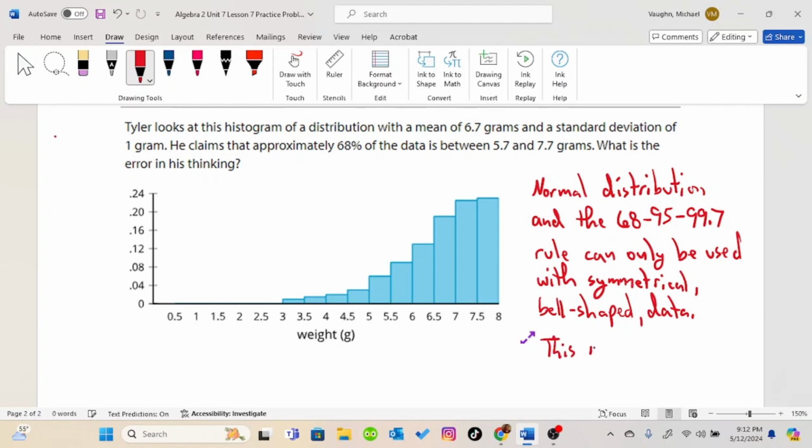This is what we call skewed left, because the tail is to the left while the majority of the data is to the right.